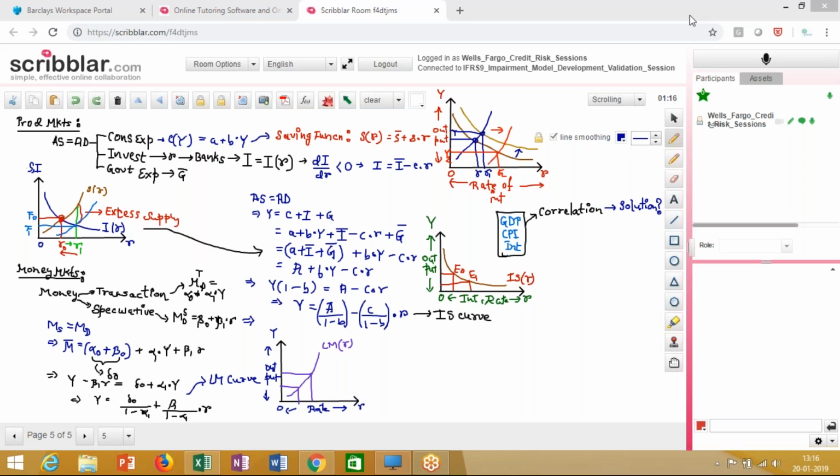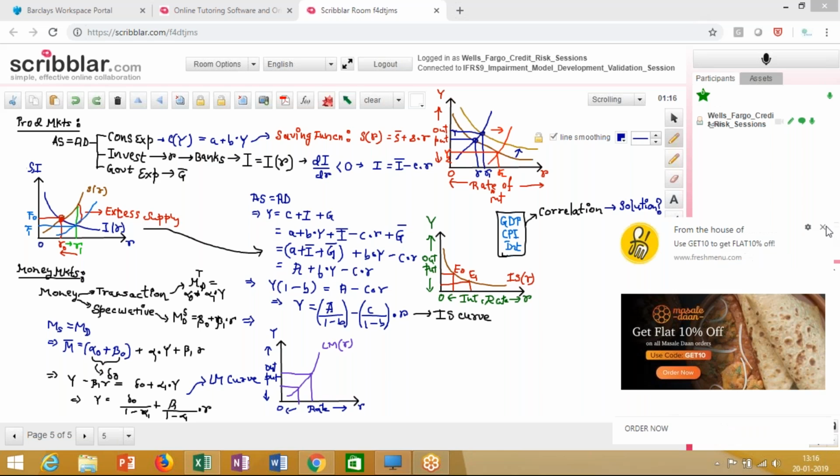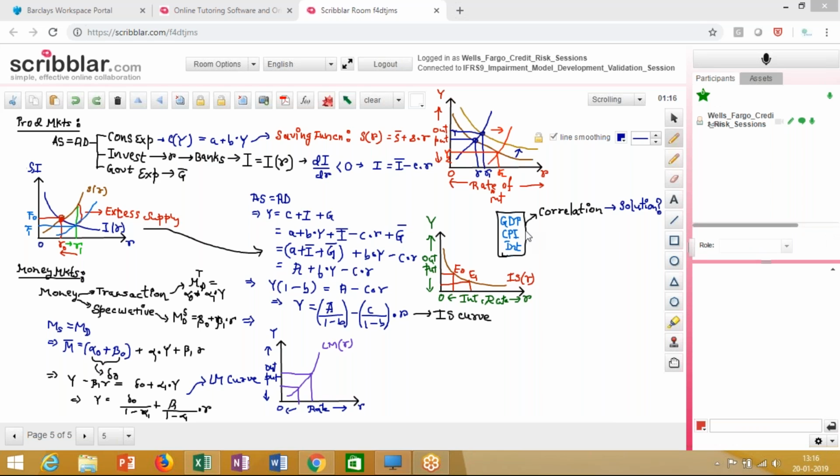Another important problem is that of your optimal lags. What is the optimal lag that I need to use for a given macroeconomic variable? So lag selection is also a very important point.